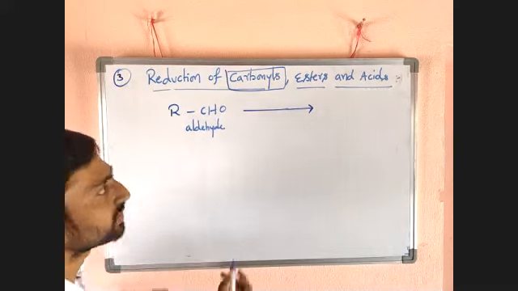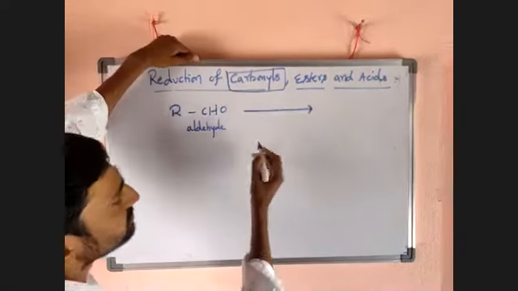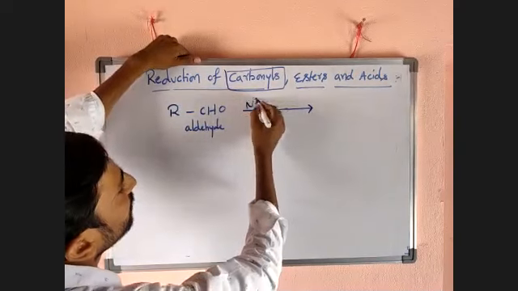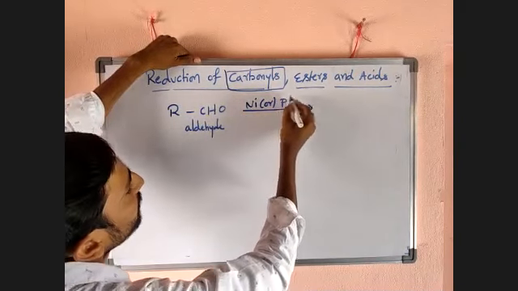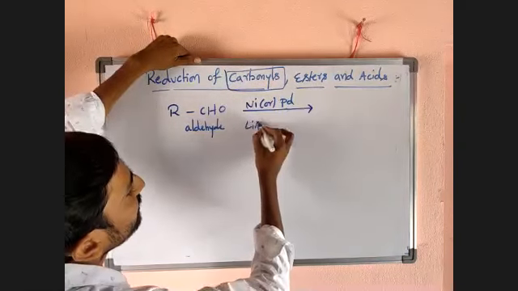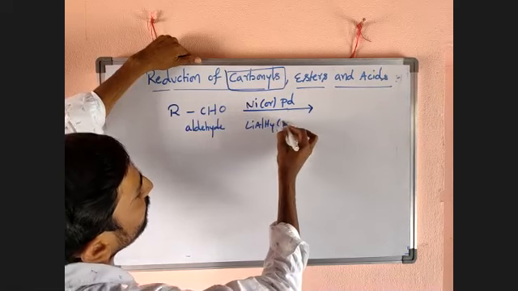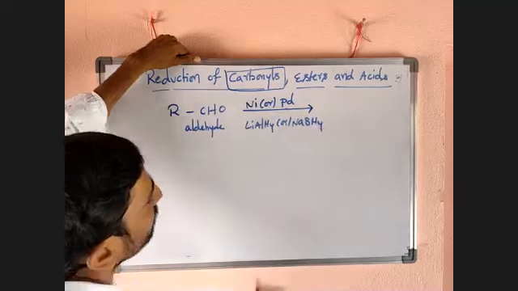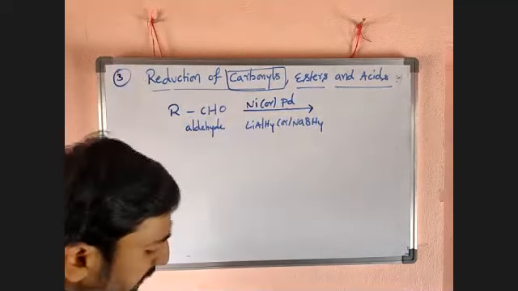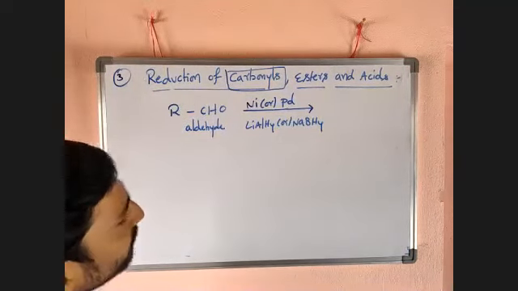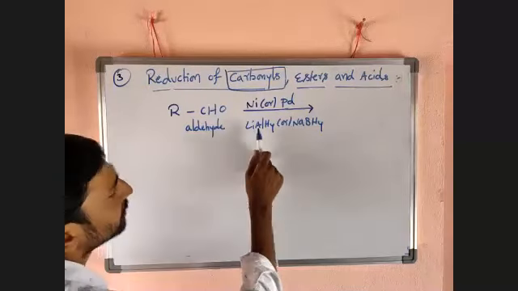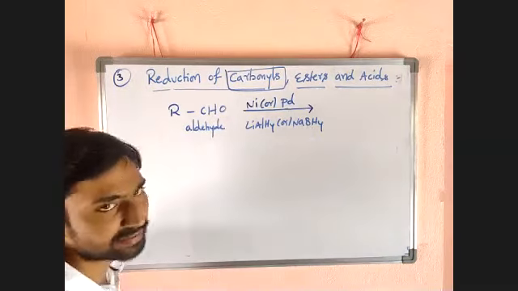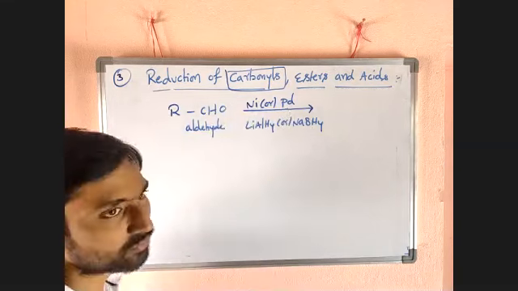Now, a number of reagents are there for reduction: nickel or palladium or LiAlH4 or NaBH4 are the best reducing agents. Lithium aluminum hydride, sodium borohydride, nickel, or palladium.